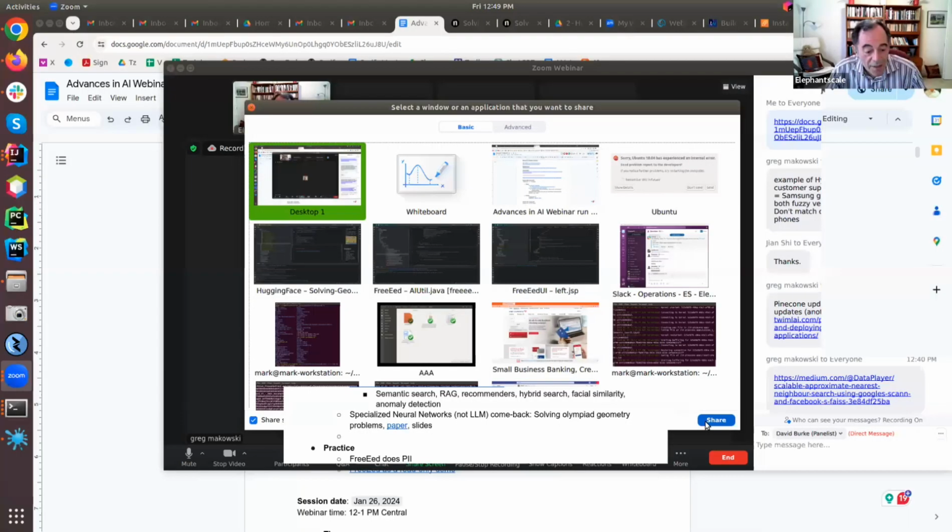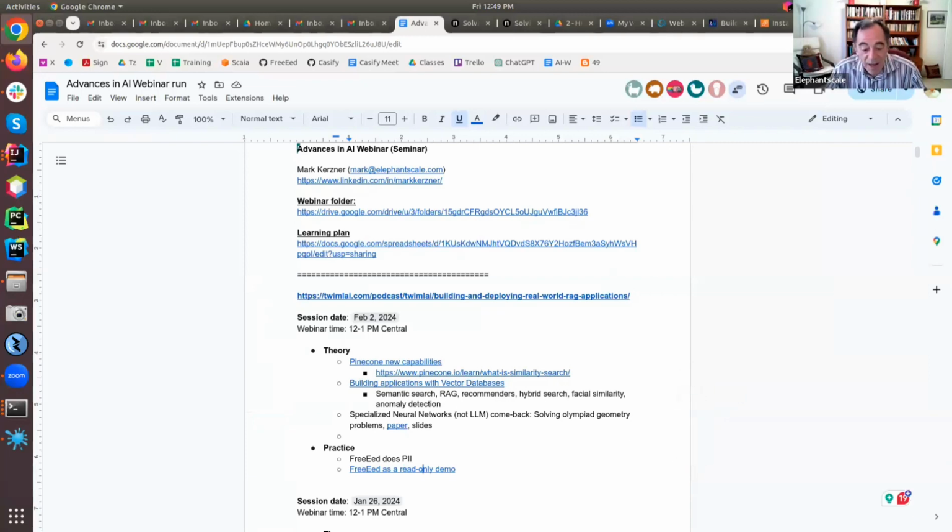And what we have not checked is from Greg. That's an interesting investigation on what is more here, scalable approximate nearest neighbor search. So I promised I would not share and stop talking, but instead I'm looking at the link that Greg gave us.